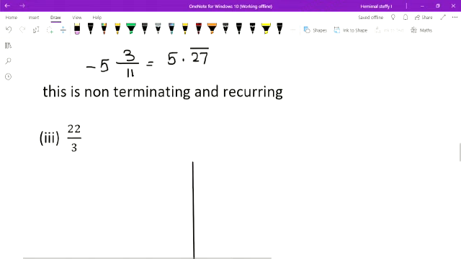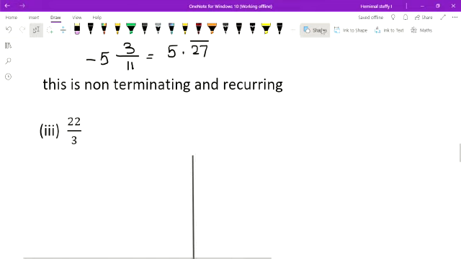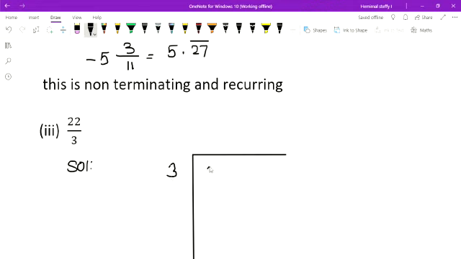Because I want to divide that sum. Then okay, so solve the sum here. So 22 by 3, what is the answer here? Same thing, I take the divided here, divide the 22.